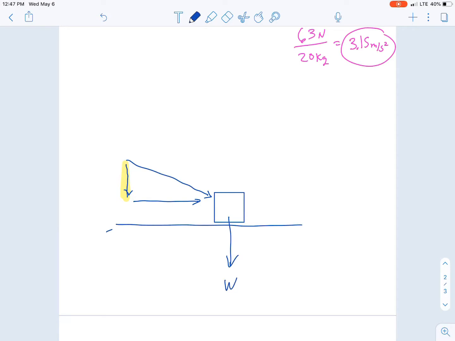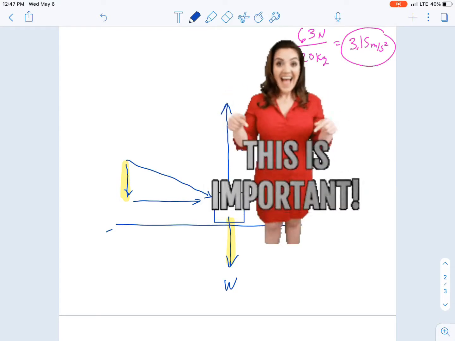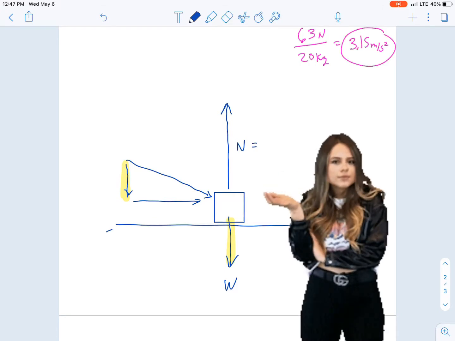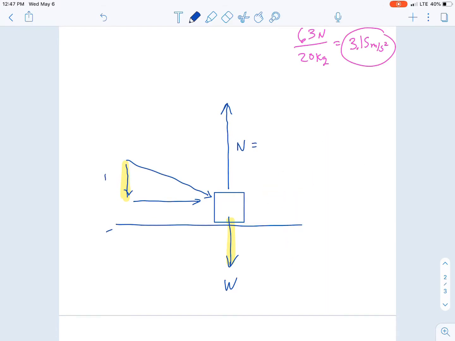The weight is going down. So in this case, the normal force is going to be equal and opposite to the two downs, right? Because it's not going to go through the bottom of the floor. It's going to sit on the floor. And so in this case, what did we call that before? The perpendicular, right?